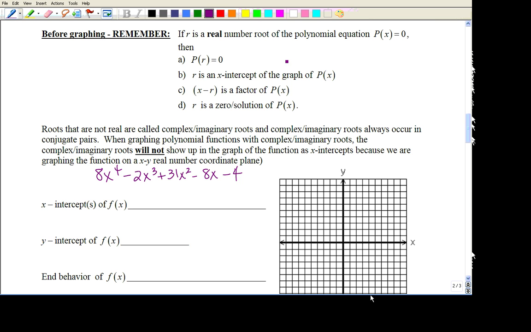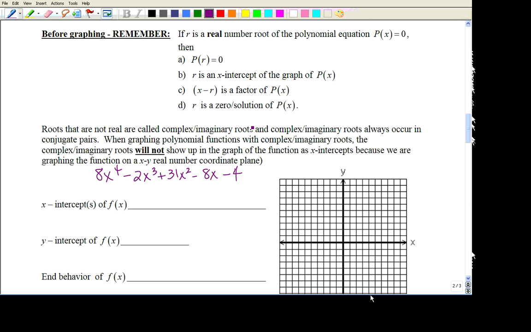Also x minus r is a factor of p of x, and r is a 0 or a solution of p of x. So this is just reminding you of all the different things that r being a real number root of the polynomial means. Roots that are not real are called complex or imaginary roots, and complex imaginary roots always occur in conjugate pairs, as we have discussed in the previous videos.